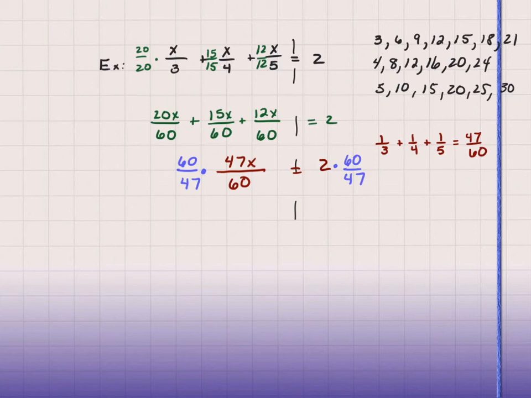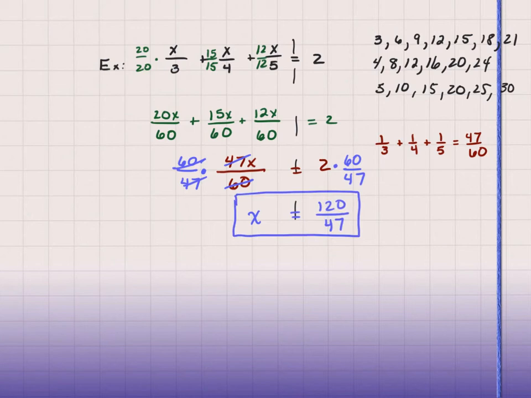Now on the left-hand side, this 60 will cancel the 60 in the denominator, and this 47 down here will cancel that 47, leaving us with just an x equal to, and when you multiply fractions, just multiply the numerator times the numerator. 2 times 60 is 120 all over 47. So while it's not a very pretty answer, that is what we get.